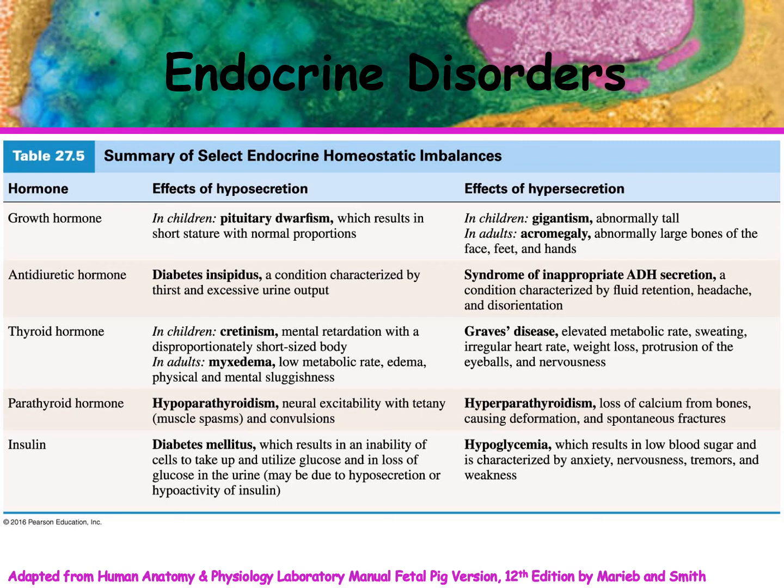So growth hormone, we know, is secreted by the pituitary gland, the anterior pituitary, and if we have insufficient secretion of growth hormone in childhood, it results in pituitary dwarfism, which means that this child will have short stature. They will not reach their full height potential.